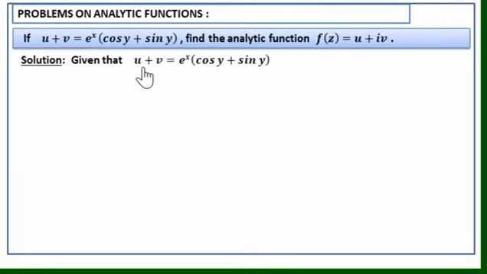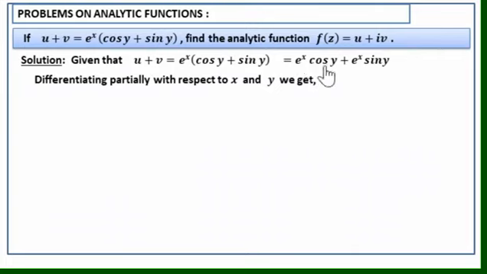Given u plus v equals e power x (cos y plus sin y), first we will simplify the right hand side and write e power x cos y plus e power x sin y, and then differentiate partially with respect to x, that is, differentiate with respect to x keeping y constant.